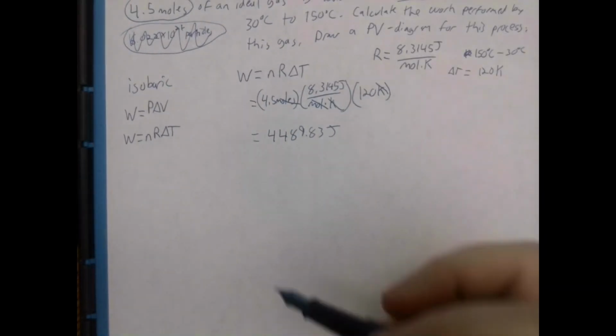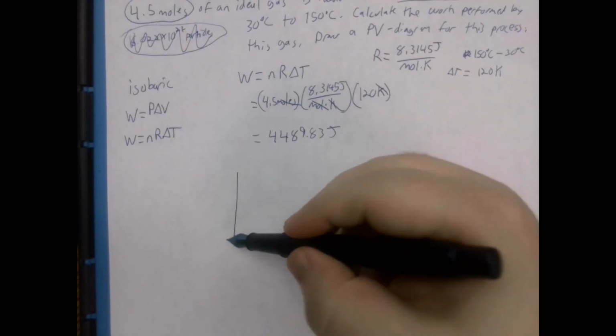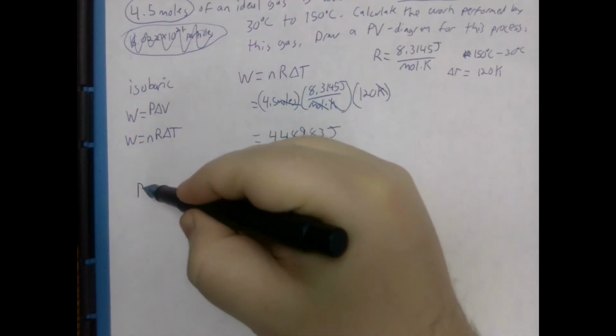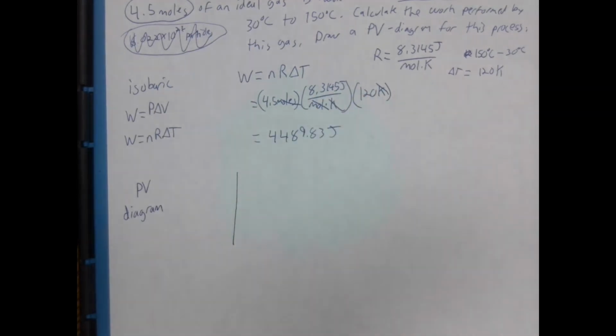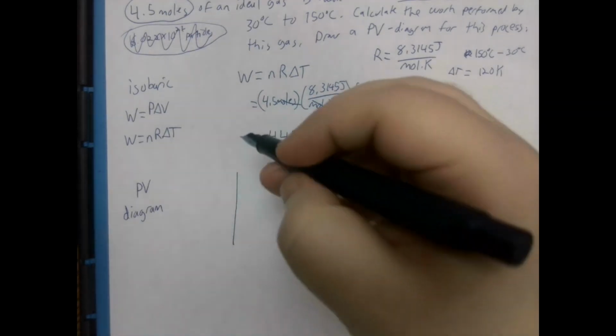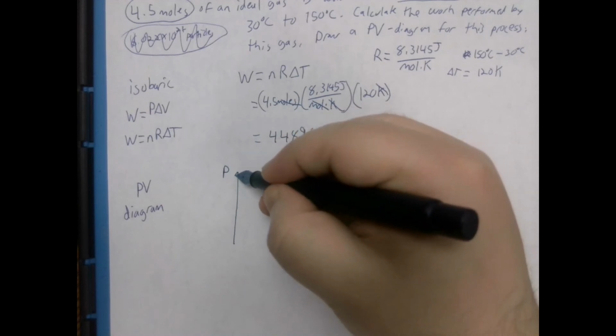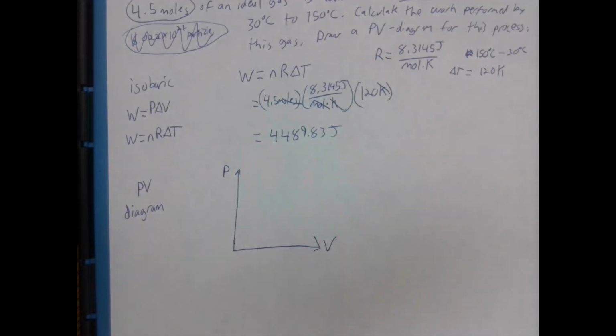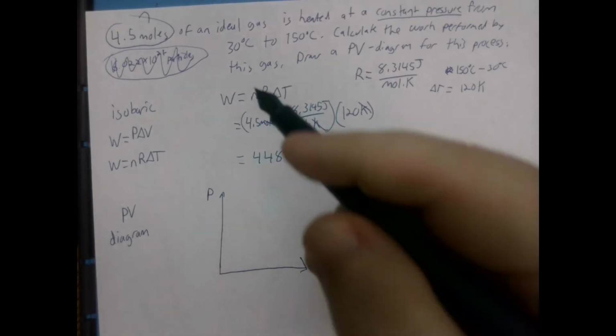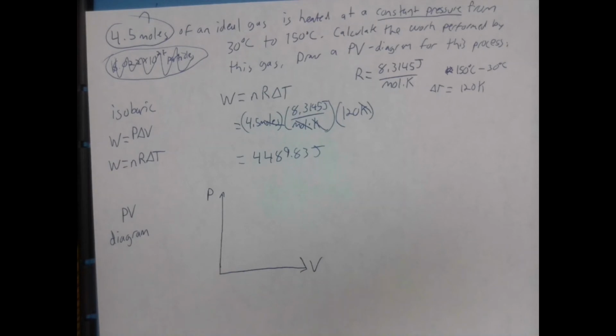So let's draw a picture of what's going on. So a PV diagram. We have pressure on the y-axis, and we have volume on the x-axis. So it says an ideal gas is heated at a constant pressure from 30 degrees Celsius to 150 degrees Celsius.